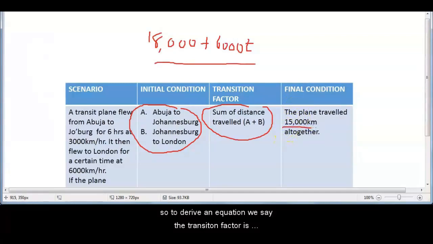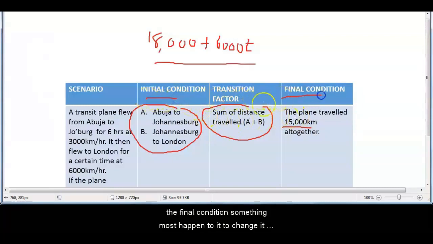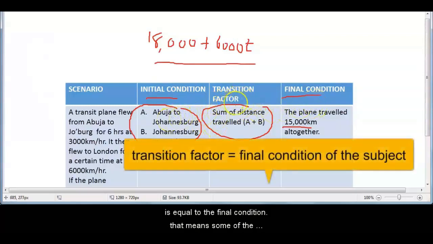So to derive an equation, we say the transition factor is equal to the final condition. Once again, the initial condition cannot be equal to the final condition. Something must happen to it to change it to the final condition. So we see the transition factor is equal to the final condition.